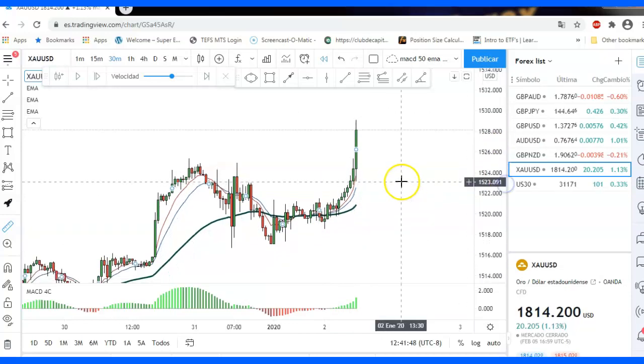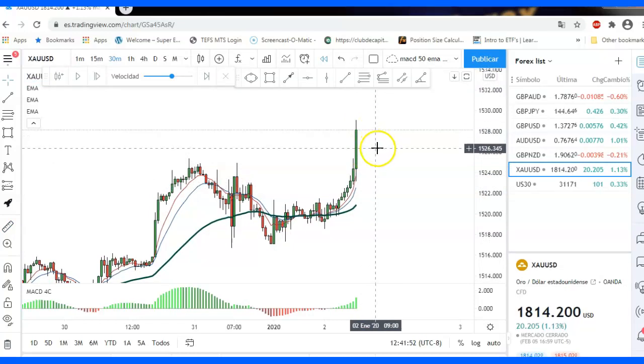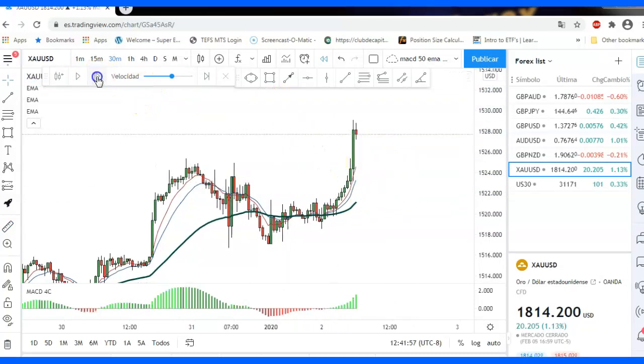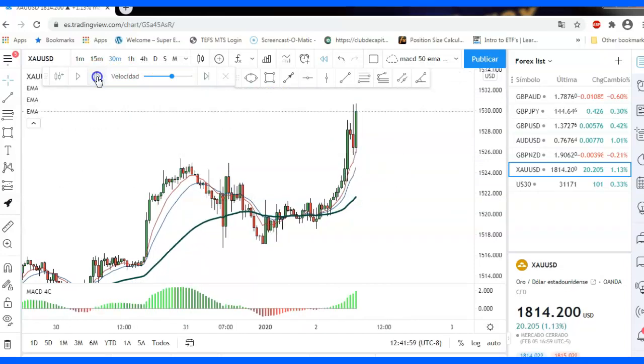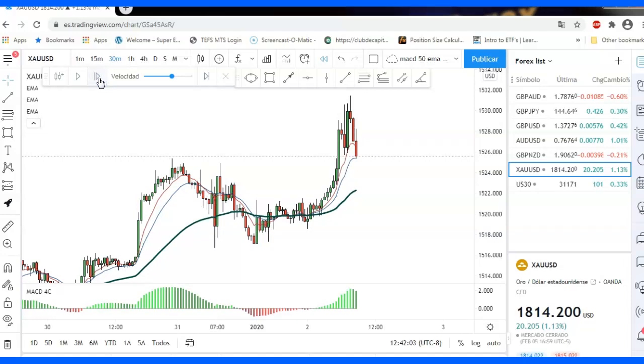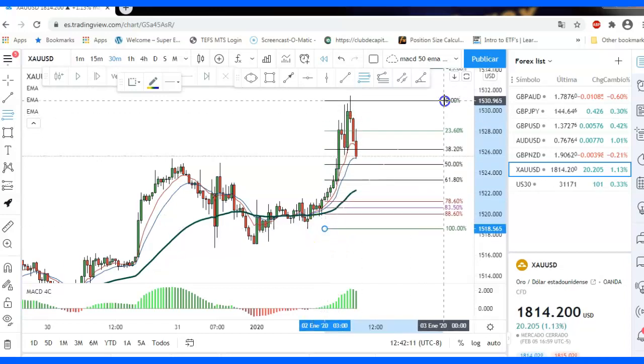But my next step is to wait for a significant retracement at that point. Let's wait for it. I wouldn't count that as significant. Okay, now I will count that as significant. So now it's time to put our fibs right there.